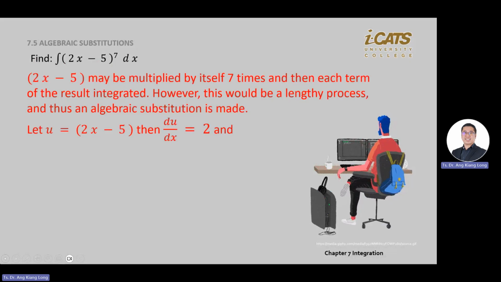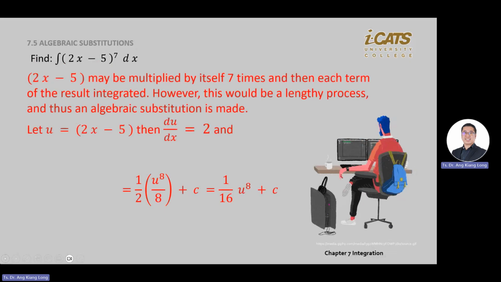Substitute here. This bracket equal to u. Convert the original question in terms of u. There's one step here which is missing in my slides actually, so I write it on the slide.